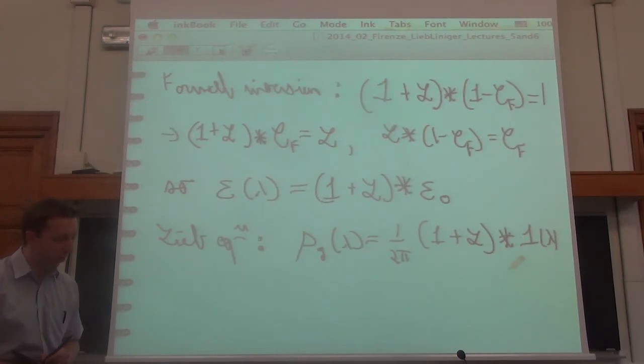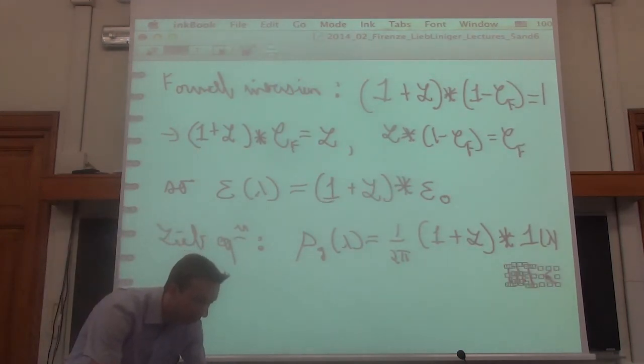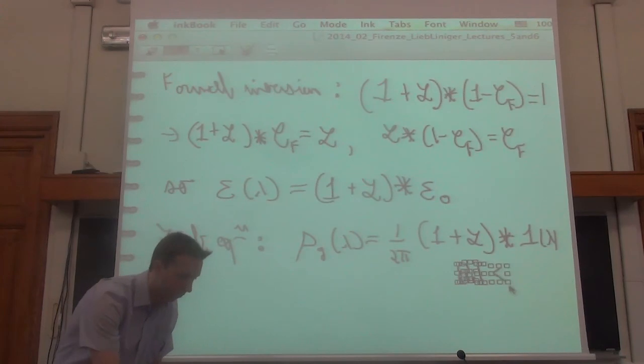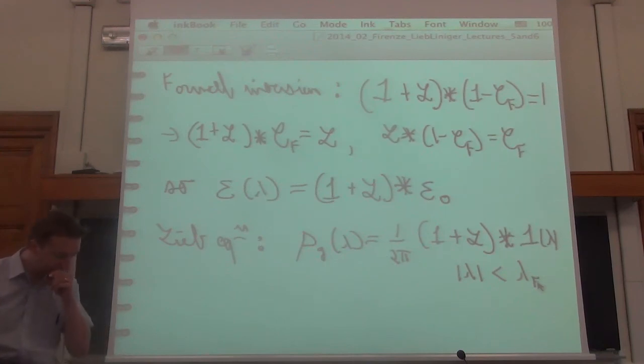And here lambda is within the Fermi sea, right? Okay, so these are just formal ways of writing our solutions.